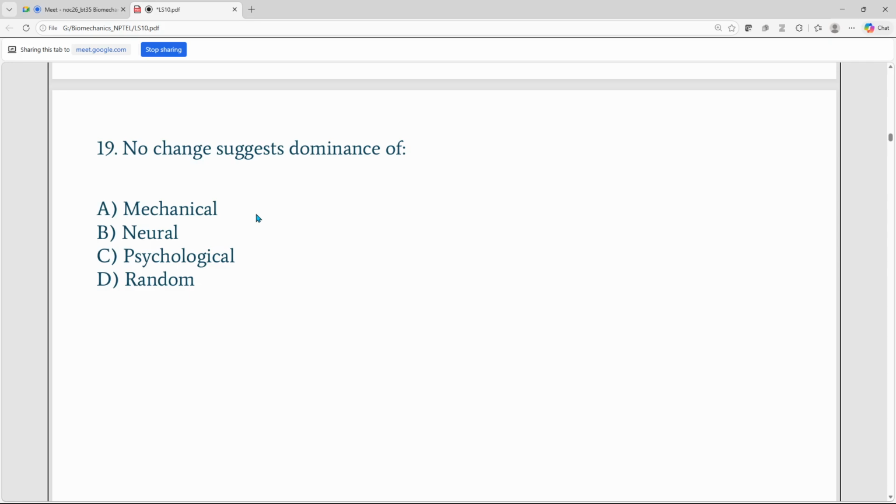So what does that suggest? Which factor has dominance? Is it option A, mechanical, or option B, neural? Is it option C, psychological, or option D, random?